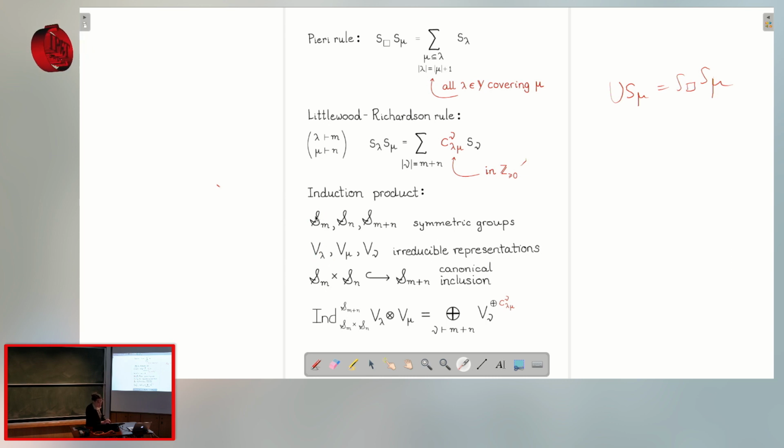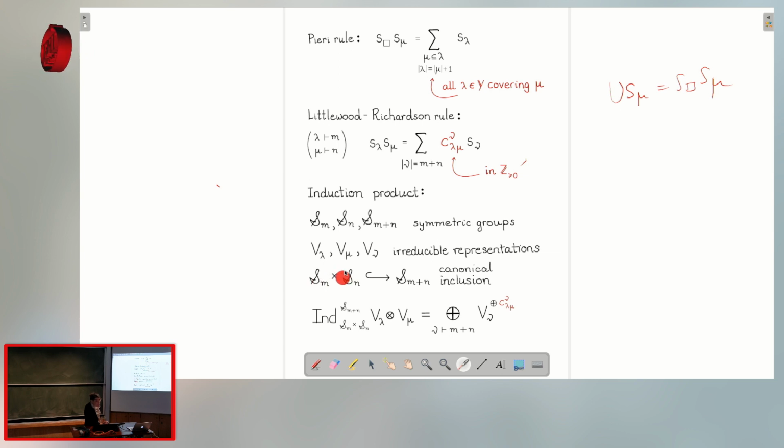For each of these symmetric groups, we can take an irreducible representation, so V lambda, V mu, and V nu. We can take the tensor product of V lambda and V mu and see it as a representation of the Cartesian product of the two symmetric groups.